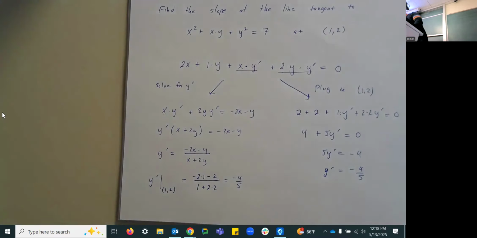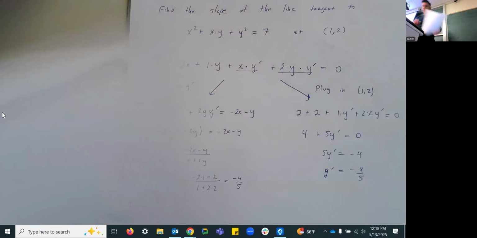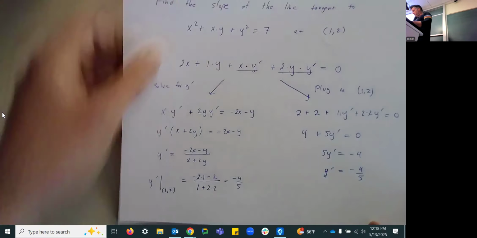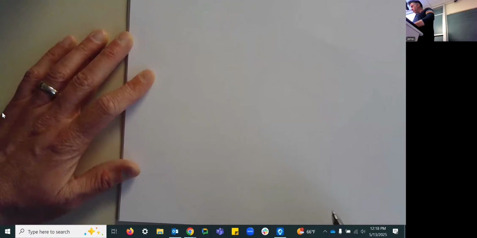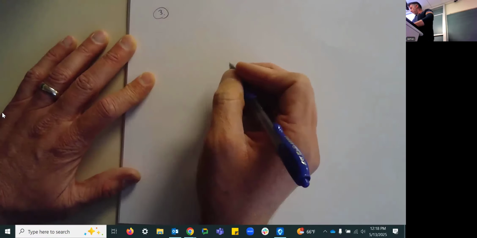Let's do 1 or 2 more examples of this process. Sure, let's look at this one, which is a little bit gnarlier. That was number 2.